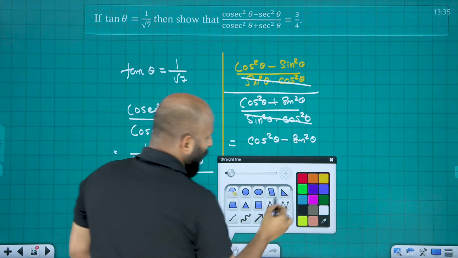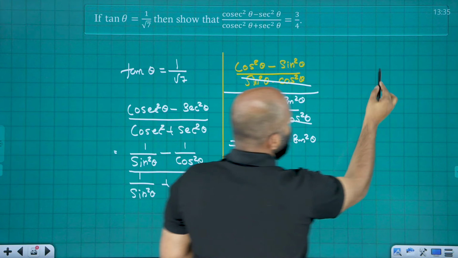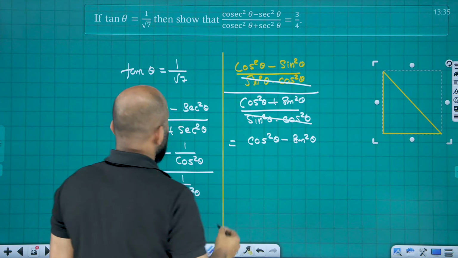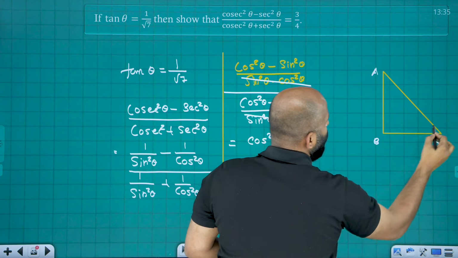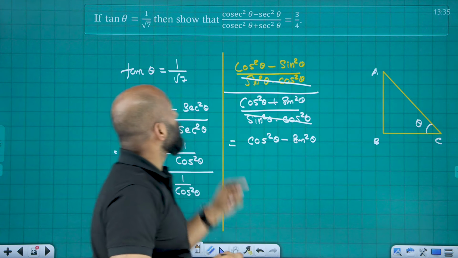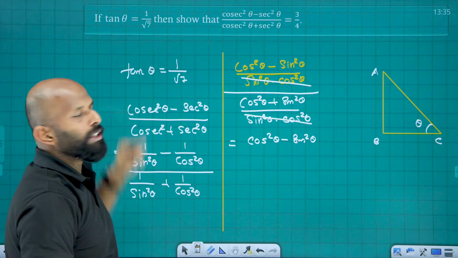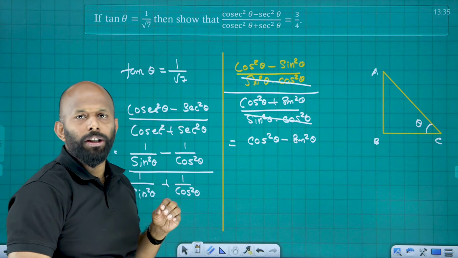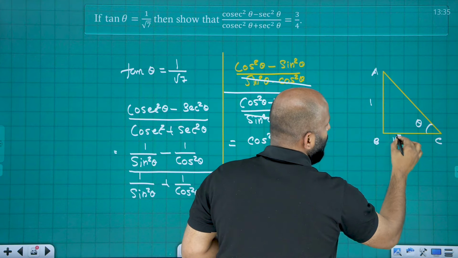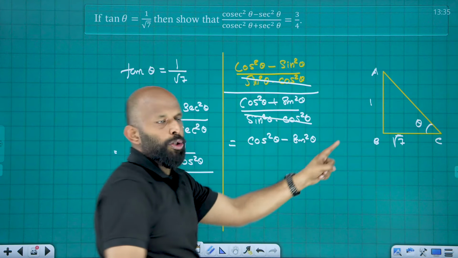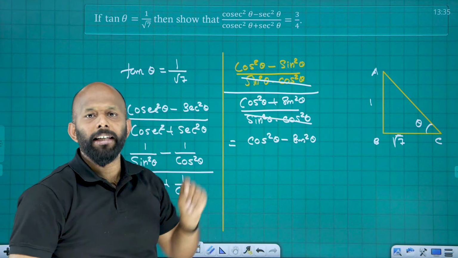Now we can draw a triangle ABC, where tan theta is equal to 1 by root 7. We will take this angle as theta. Then tan is opposite side divided by adjacent side. Therefore, using these two sides, we can find the hypotenuse.